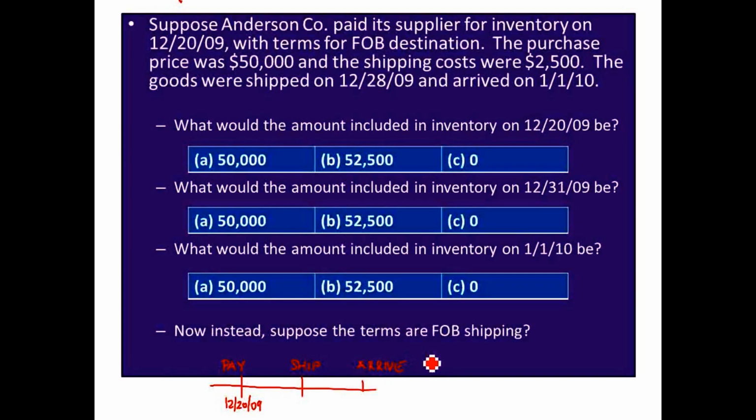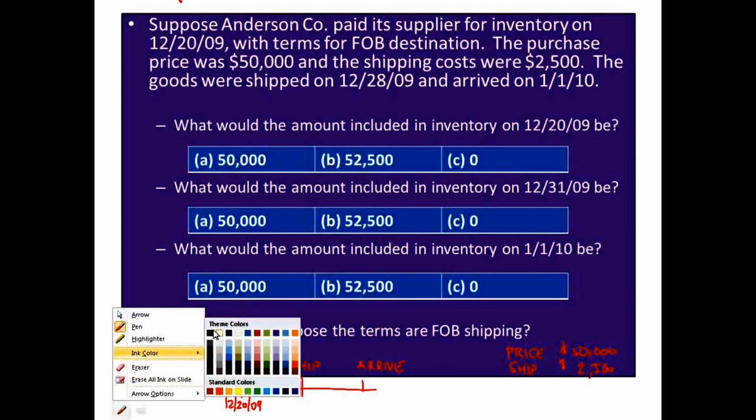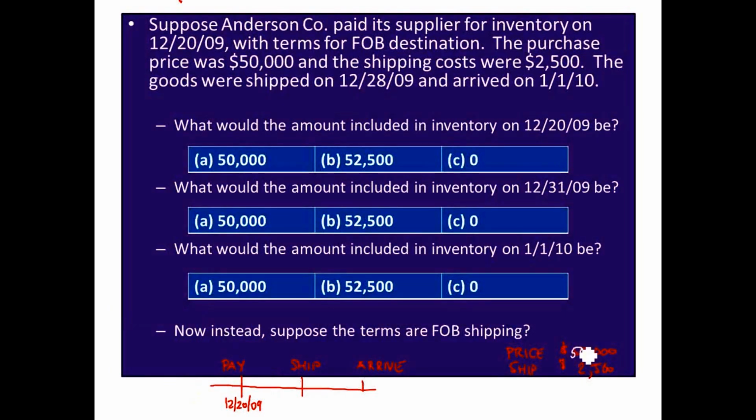Now, the purchase price was $50,000 and the shipping costs were $2,500. So price was $50,000, shipping price was $2,500.